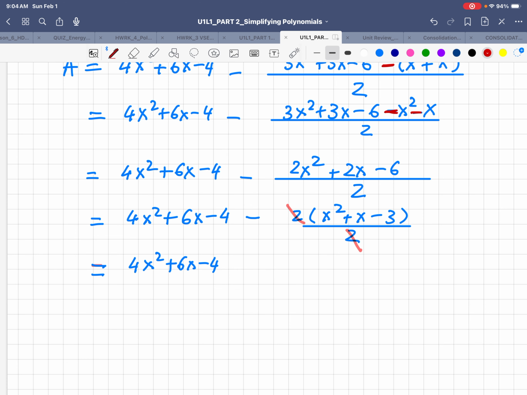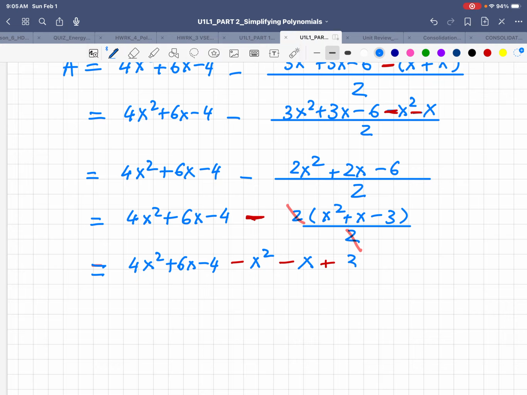And then again, remember there is a minus, so we are subtracting this whole expression, right? So that means that this minus will apply to every term inside the bracket. So we're going to have here minus x squared. So you see that you have plus x that will turn to, again, minus x. And lastly, we have minus negative 3, which makes this a plus 3.